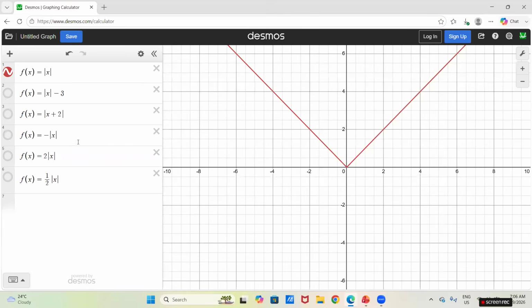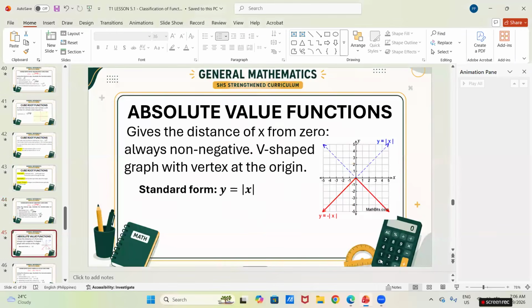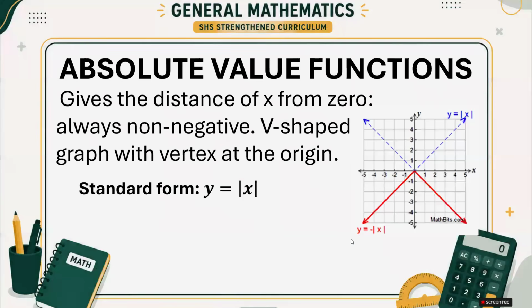Now we will leave the cubic function. We will proceed now to the next one, which is the absolute value function. So as I've told you, if we have an S curve, just like the cube root function and the cubic function, the absolute value function follows a V-shaped graph. Okay?